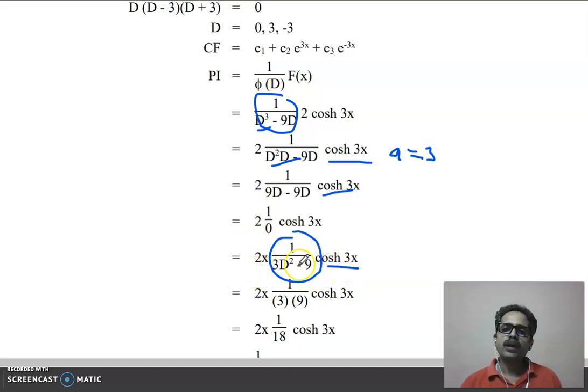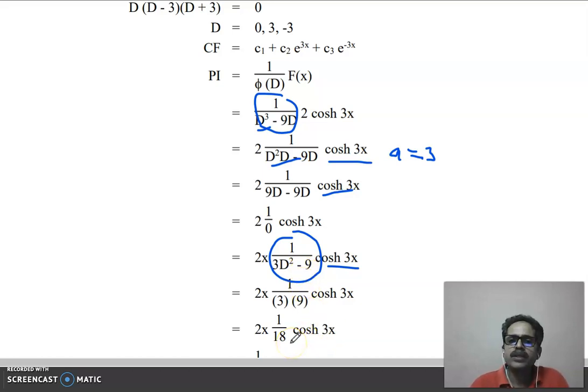Now again replace D square by a square, that is D square by 9. You can see this 3 into D square; D square became 9, so here 3 into 9 is 27. 27 minus 9 became 18.